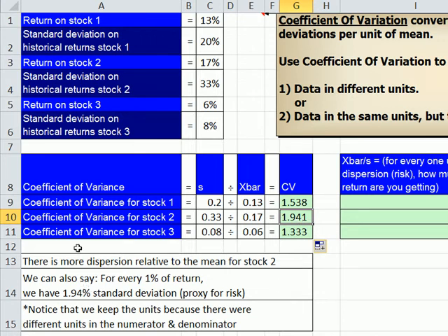Now, the way I like to think of it is for every 1% of return, because remember when you do division, there's a 1 in the denominator. For every 1% of return, we have 1.94 standard deviation. That means that one has the most risk when you're talking about stocks. All right, so that's one example of coefficient of variation.